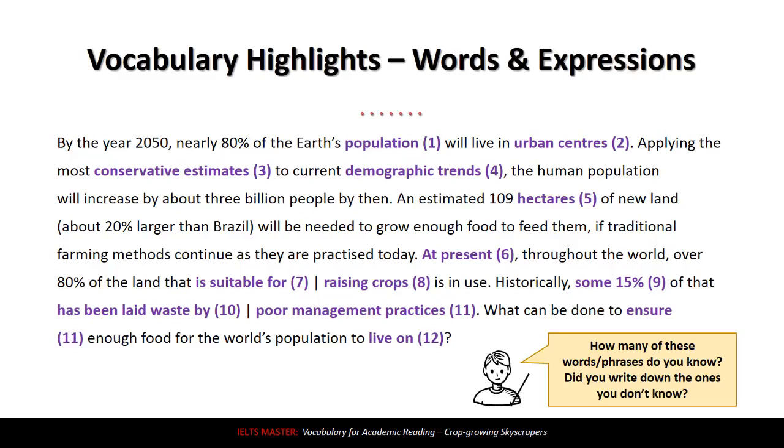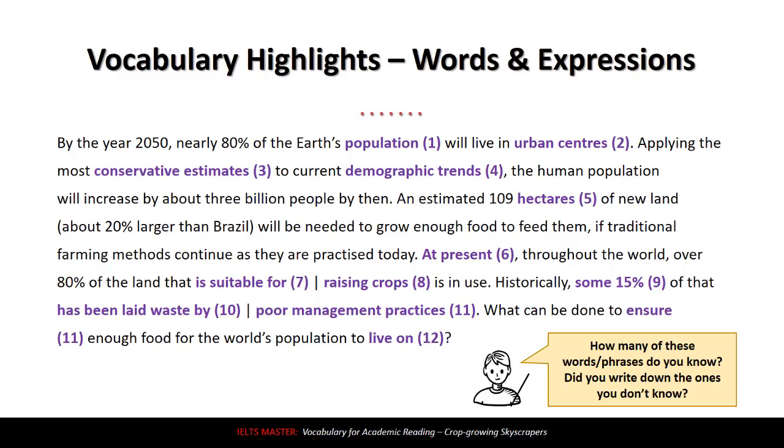Next, we have urban centers. What's urban mean? Well, urban is related to a city. Okay, so a city center. You can think tall buildings, lots of businesses, a city center, urban centers. Next, number 3, conservative estimates. Okay, first, what does estimates mean? Do you know? Estimate is a guess.